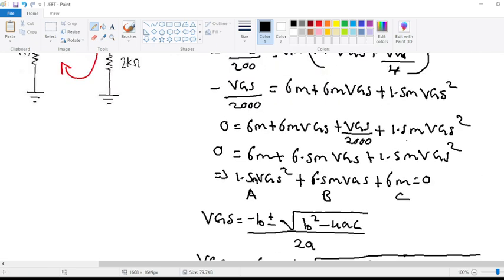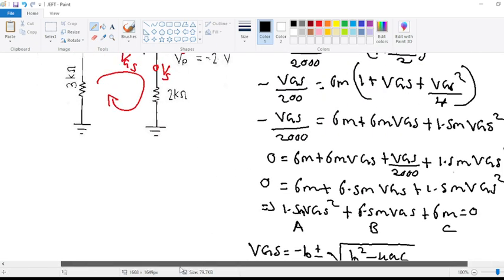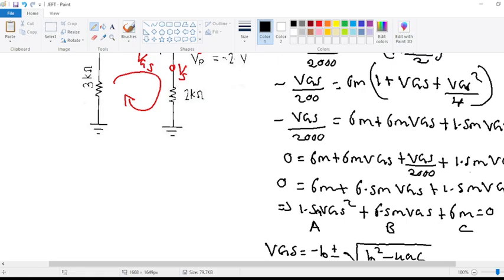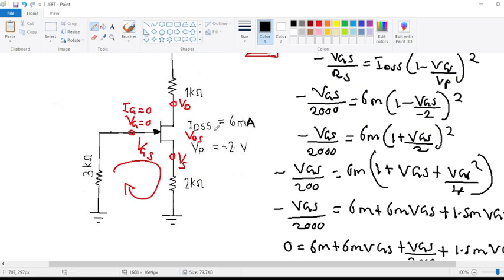Now, if you look at the circuit that you've been given, your VP here is negative 2 volts. So the VGS has to be lower than this. It's not supposed to be above the VGS off, which is negative 2.